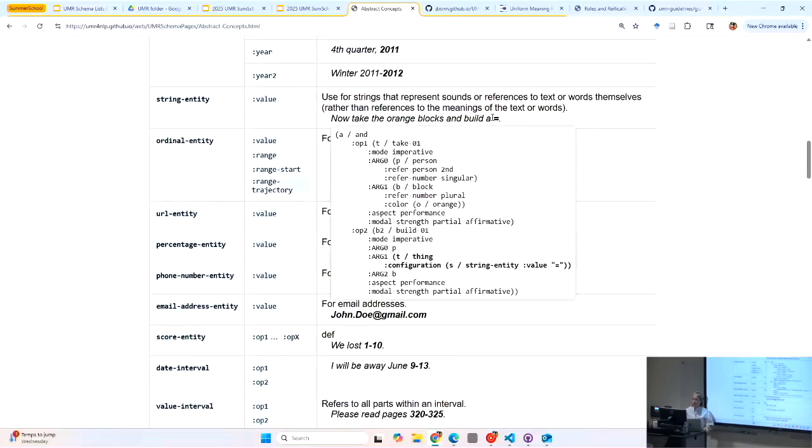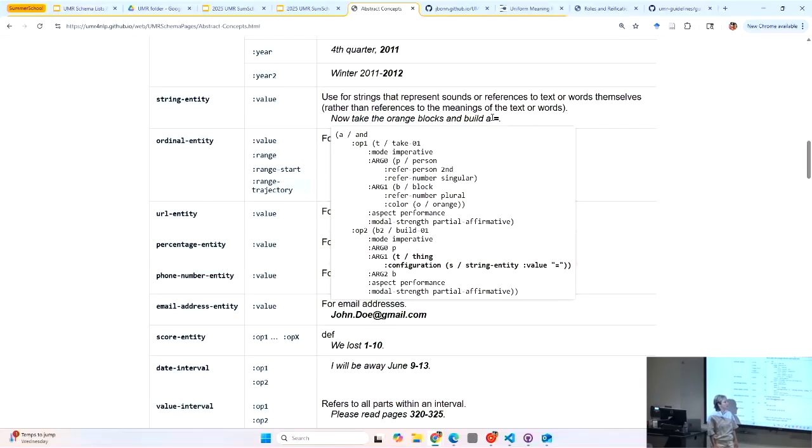String entity is interesting. This one came up a fair amount in Minecraft data. If you're talking about the word itself rather than the referent of the word, you can use string entity. Like in the spatial data, they would use an equal sign to show you what the shape was that they were building.